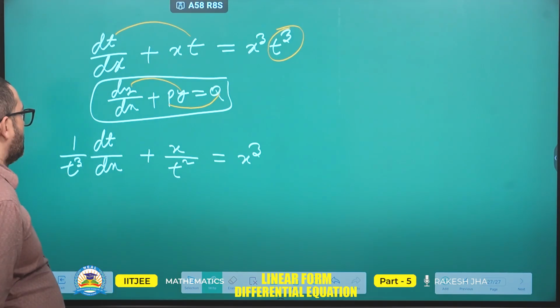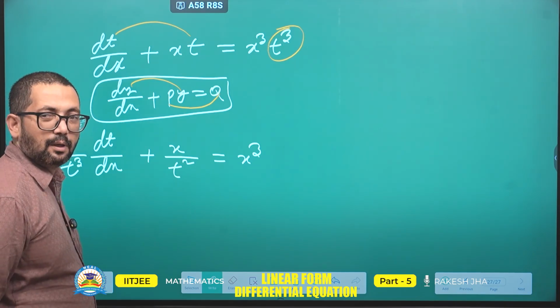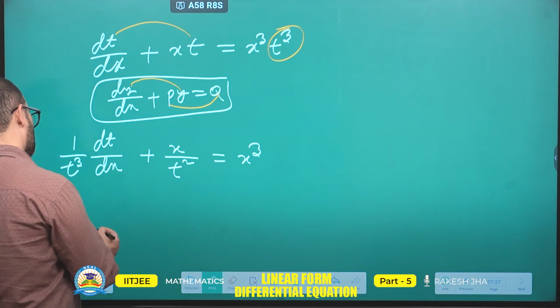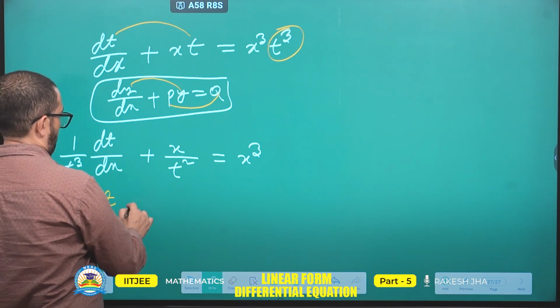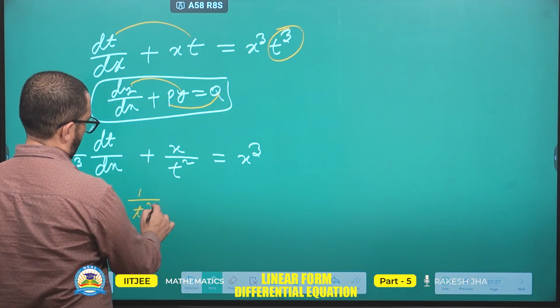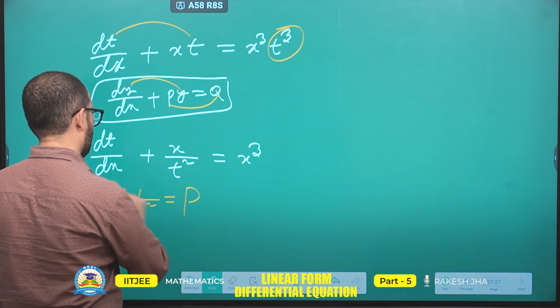Okay, so now what do we want? So we have to go for this substitution again. So you can take, let 1 by t square is equal to p.